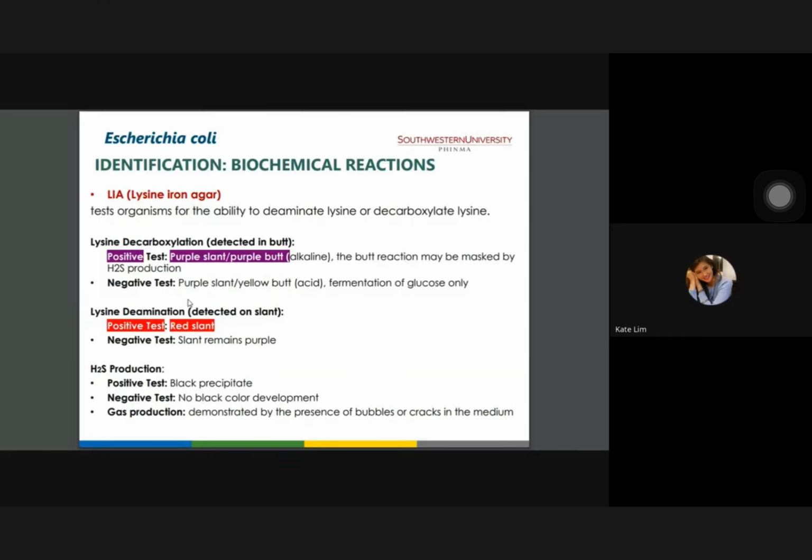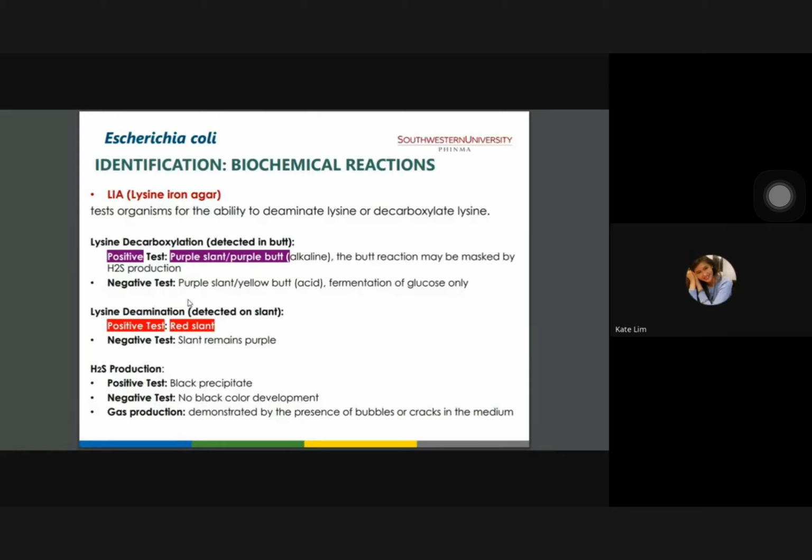So, the slant would turn red. Again, for deamination, check the slant. The slant will turn red because of the production of an alkaline environment. Okay? So, that is your lysine deamination.